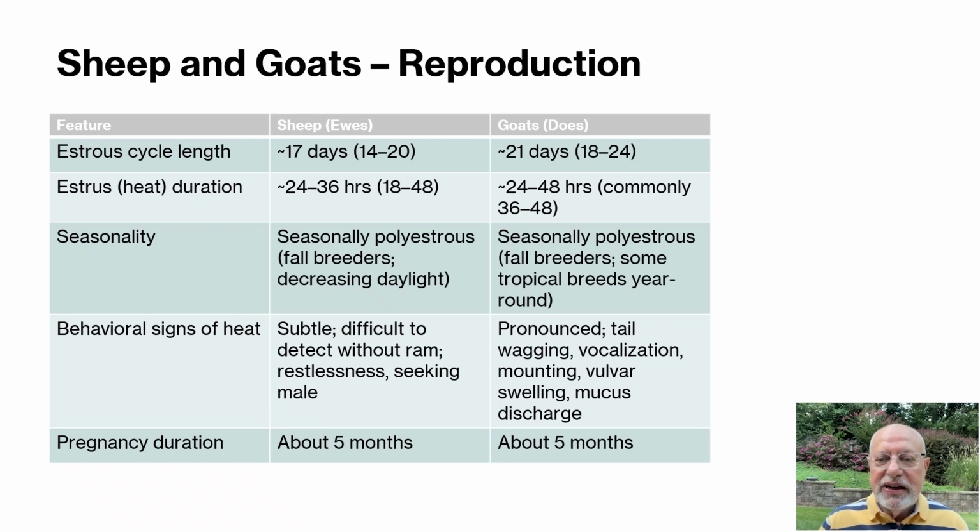Within this cycle, there's a short period when these animals are receptive to the male, what we call estrus, E-S-T-R-U-S, as you can see here. In the female sheep, which is called a ewe, it's a little shorter than in goats, but overall it's not really that much difference. By the way, the female goat is called a doe.